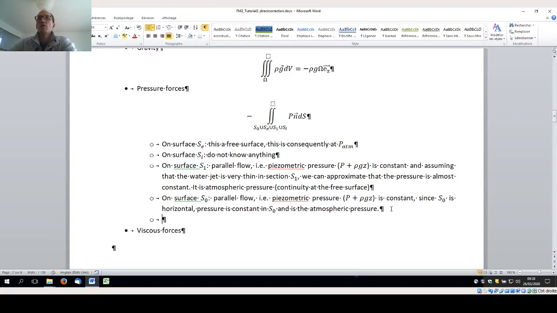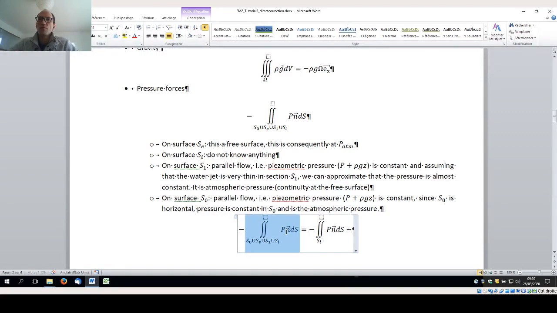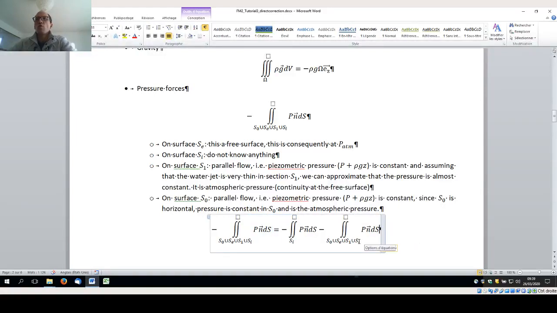So actually the term we have here, our pressure contribution, is the integral of pressure over the section in contact with the object minus all other surfaces, and on all other surfaces what we have seen is that it's atmospheric pressure.